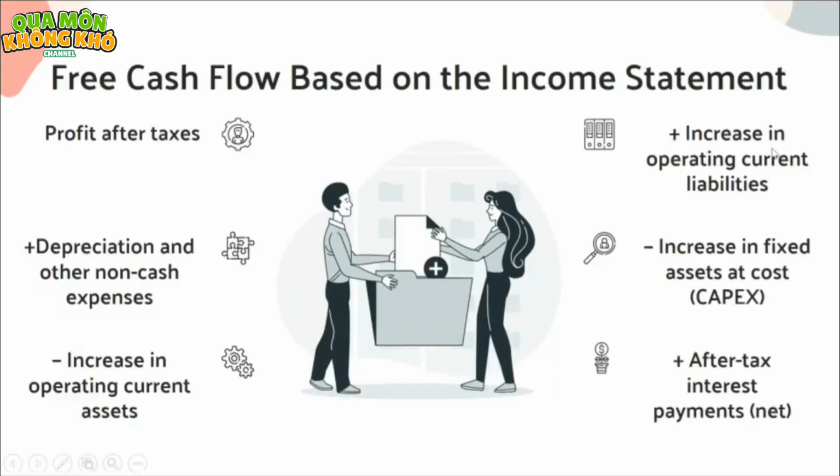And we will add the increase in operating current liabilities. An increase in sales often causes an increase in financing related to the sales, such as accounts payable or taxes payable. This increase in current liabilities, when related to sales, provides cash to the firm.